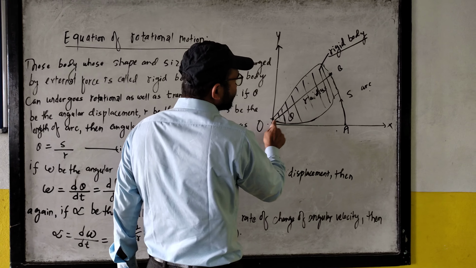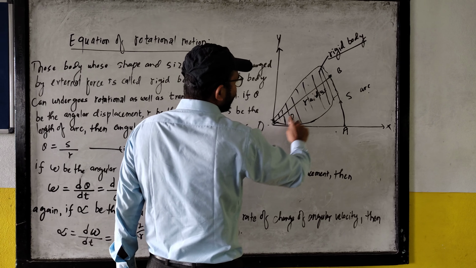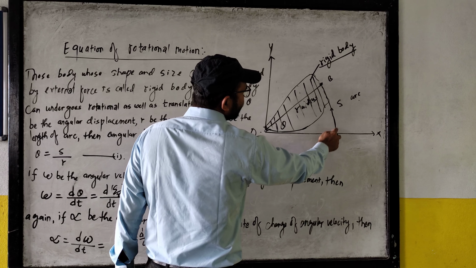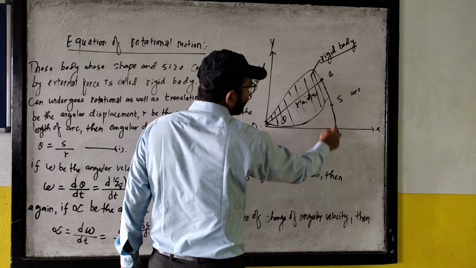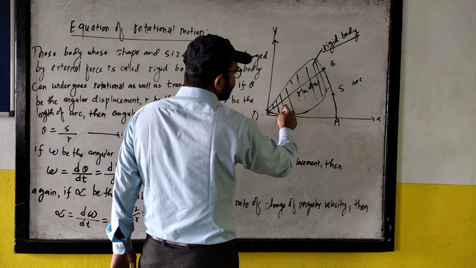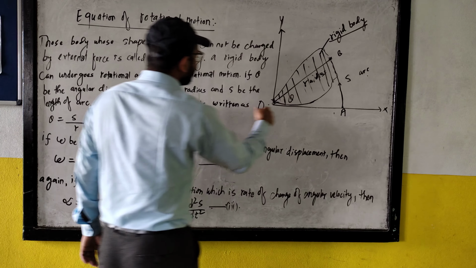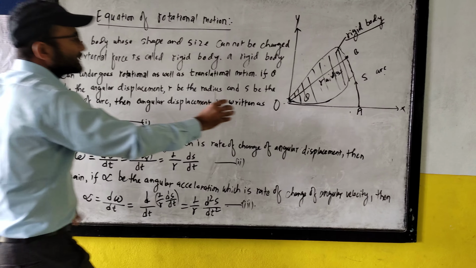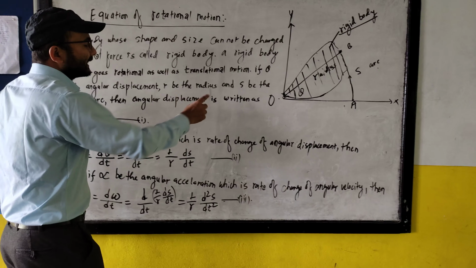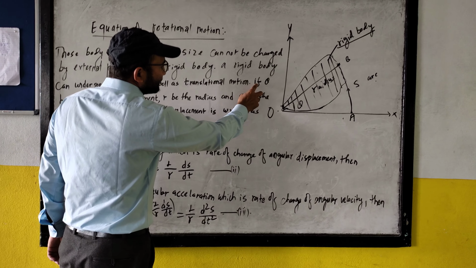You can see here a center, and this is the radius. When the object reaches point B from A, it has an angle, suppose theta. The same is what I have written here, don't be confused.